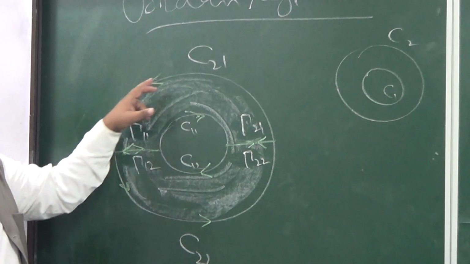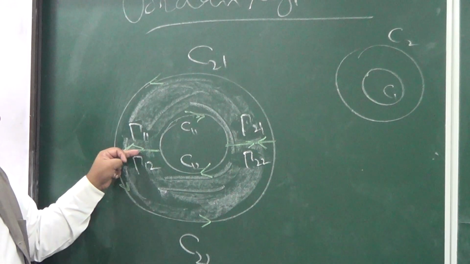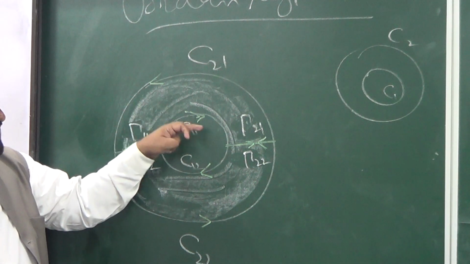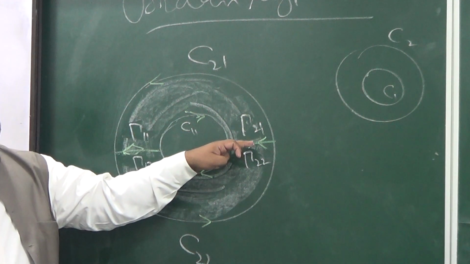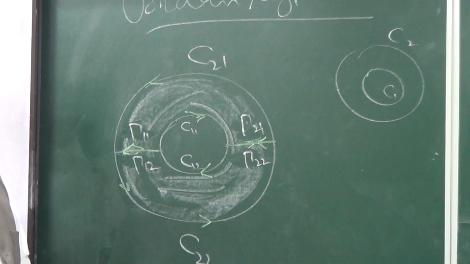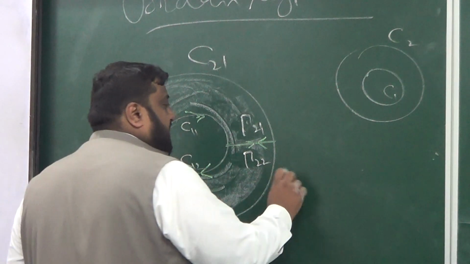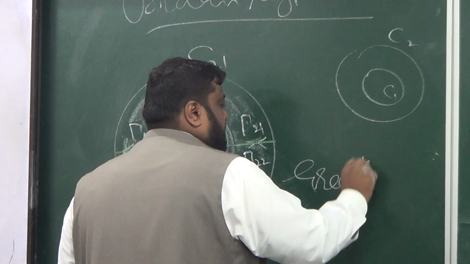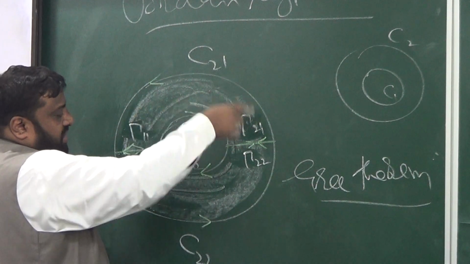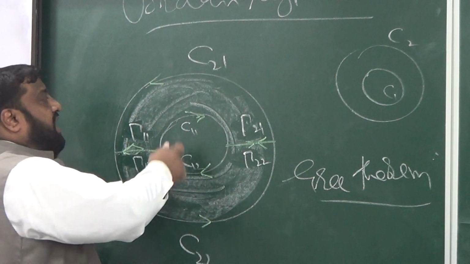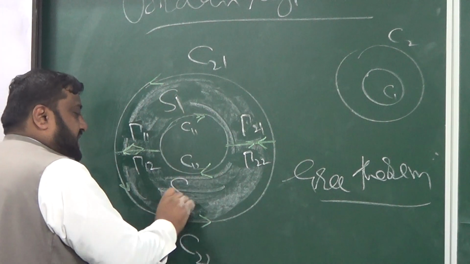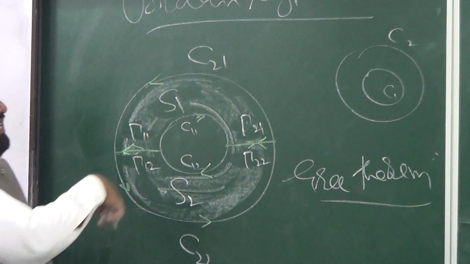So it's C22 concatenated with gamma 11 concatenated with C11 concatenated with gamma 21. And you have other variables as well. Try to write Green's theorem for it. You combine circulations here and combine circulations here. You can give this entire region the name S1 and this entire region the name S2.